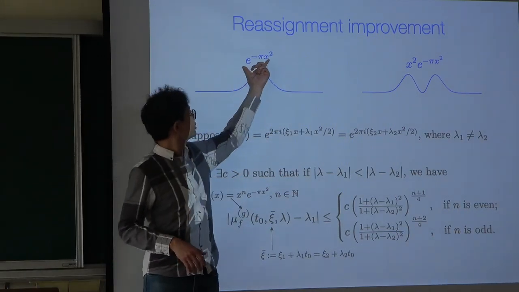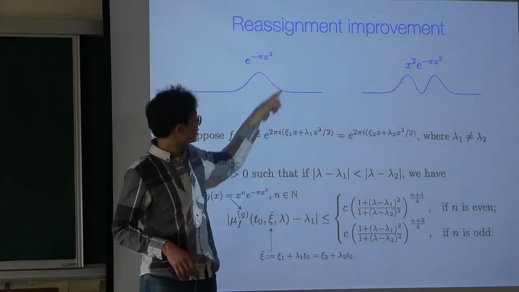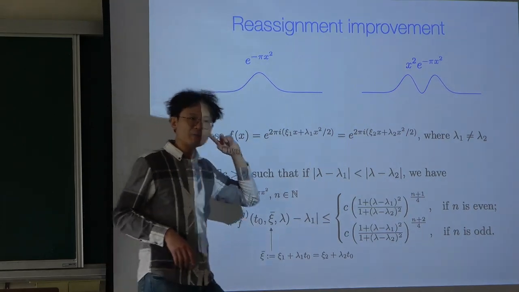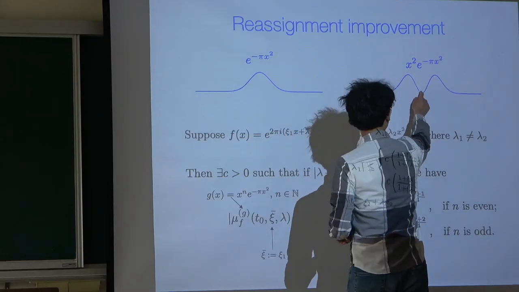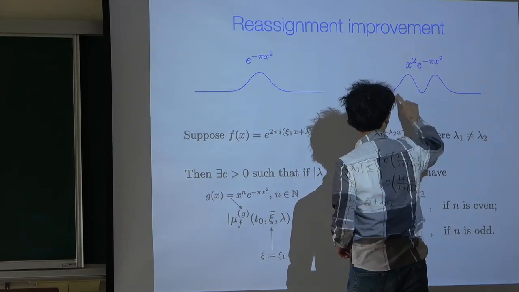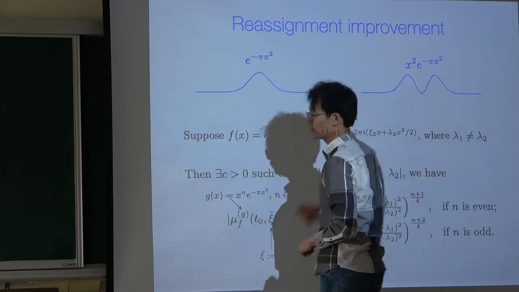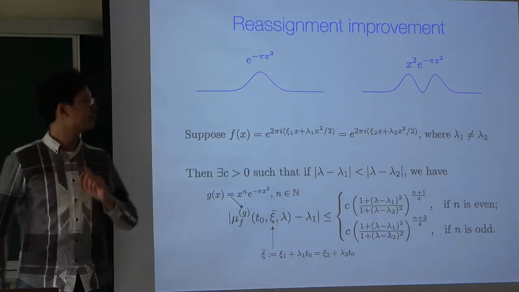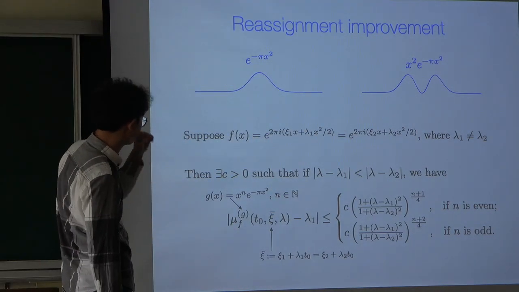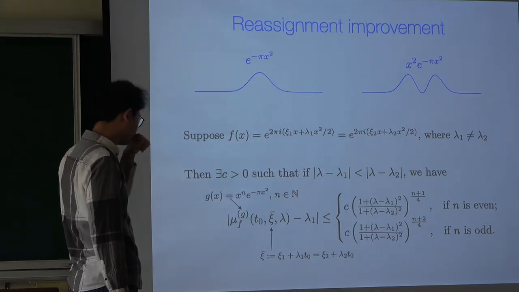So this is the window we considered before, which is a Gaussian window. At time 0, it is obviously not 0. But how about if we consider this window, x squared exponential minus pi x squared? You see, it is 0 at 0. So how about if we consider this window, we call it G2 or G1, I forgot the terminology, but whatever.